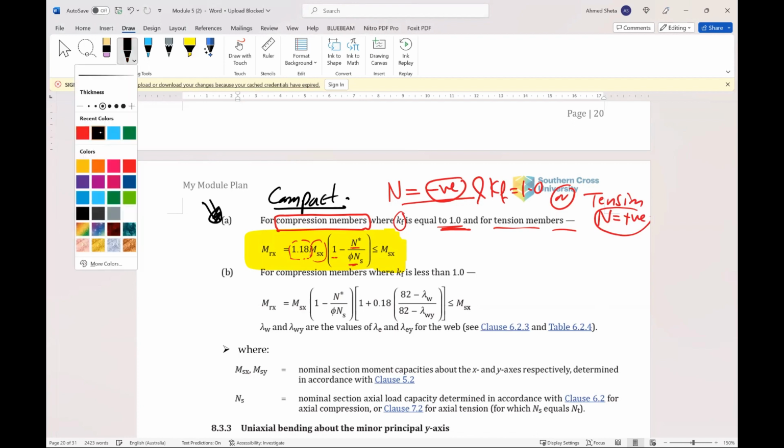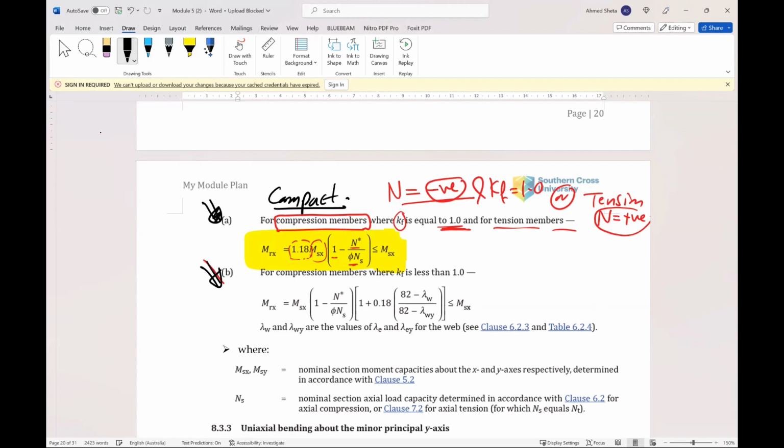The other case is a compression member where kf is less than 1. So if kf is less than 1 and N is negative or compression, this will be the value of Mrx.